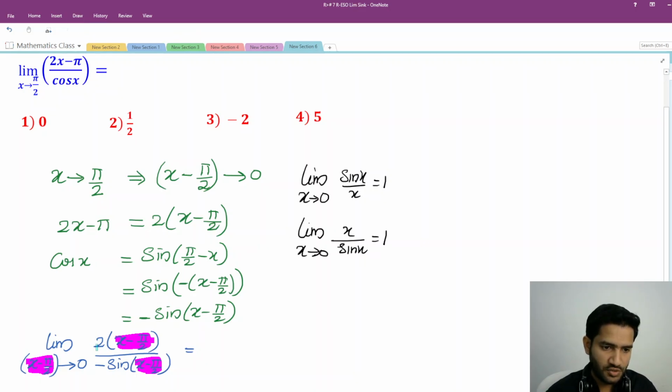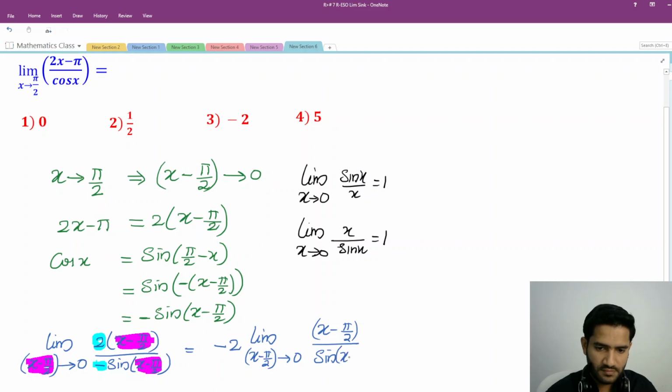Here we have a constant 2 and a negative, so I'm taking those constants outside. So negative 2, then limit x minus pi by 2 tends to 0 of x minus pi by 2 by sine of x minus pi by 2. So minus 2 into 1, the answer is minus 2.